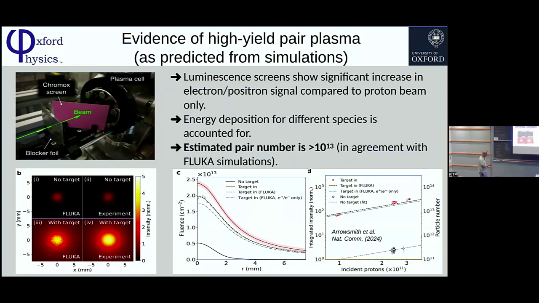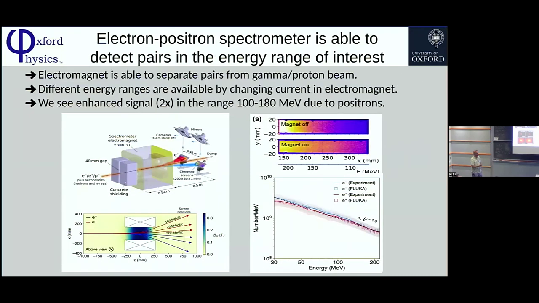We want to make sure that those are pairs, so we put them into an electron-positron spectrometer. It's just a dipole magnet. We separate the pairs, and when the magnet is powered, we see a larger signal at higher deflections, which is an indication that we have deflected pairs, positrons in one direction and electrons in the other direction.